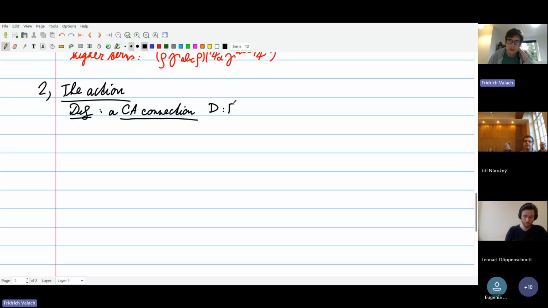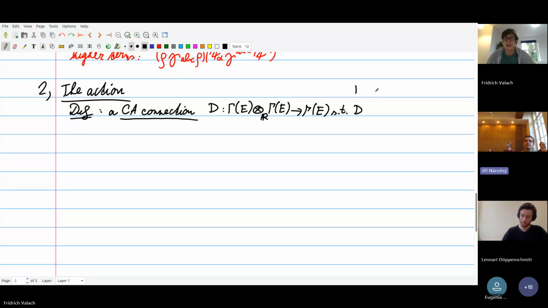So it's like a map called capital D, an R-bilinear map from sections to sections, and such that it satisfies the usual properties. First of all, I will use the usual notation, where you write D with a subscript x on y.